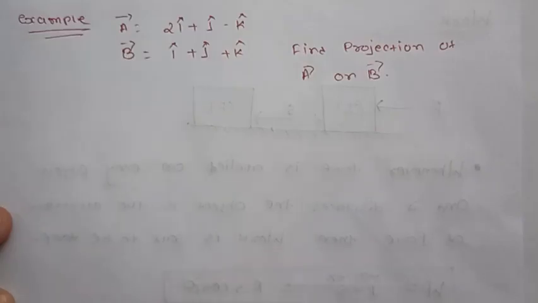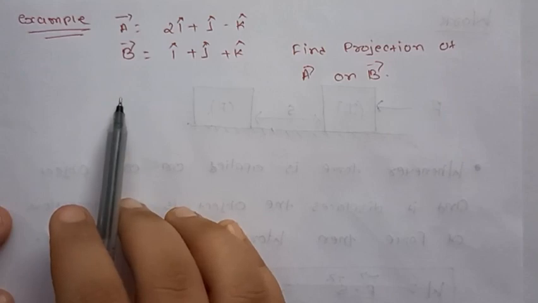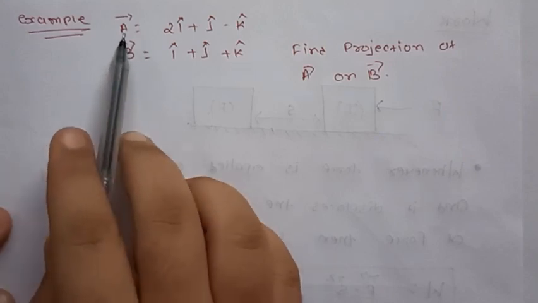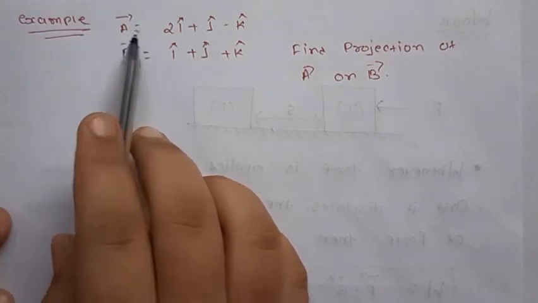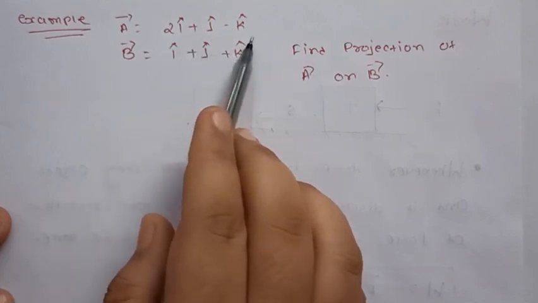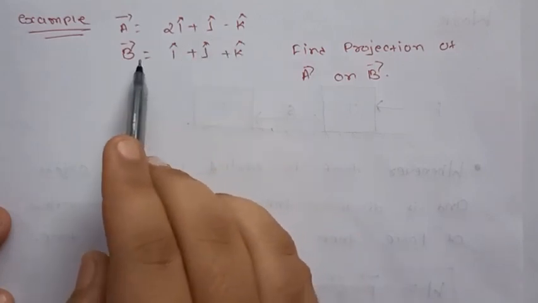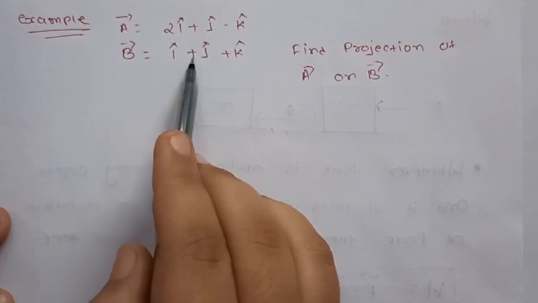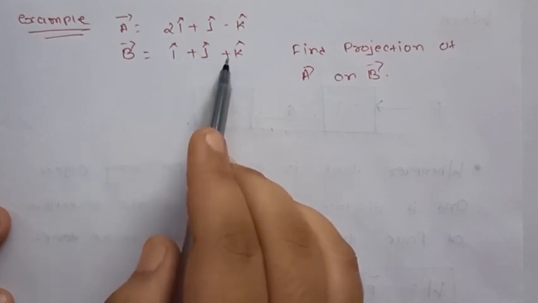Now let us solve one simple example for work or for dot product. It is given that vector A is 2i + j - k and vector B is i + j + k.